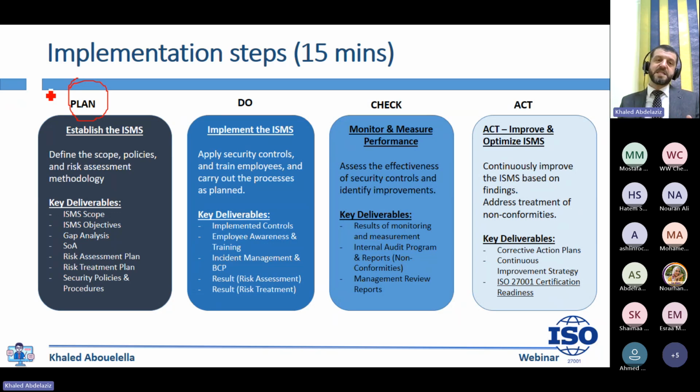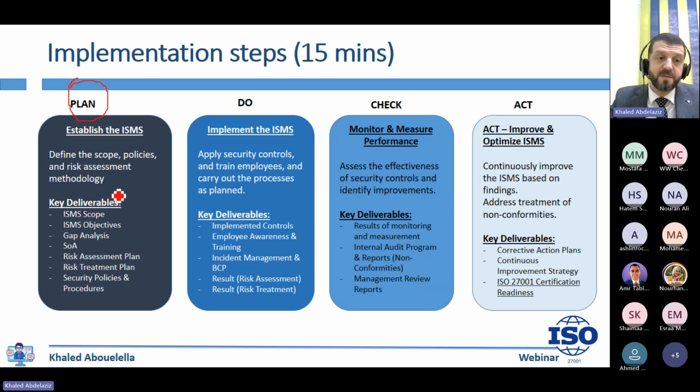And in this stage, if you want to get top management support, you need to talk to them business, not technical. You need to highlight the business benefits of implementing an information security management system: the risk reduction, the competitive edge, and these things. So you get approval for the budget, approval for the resources and timeline.